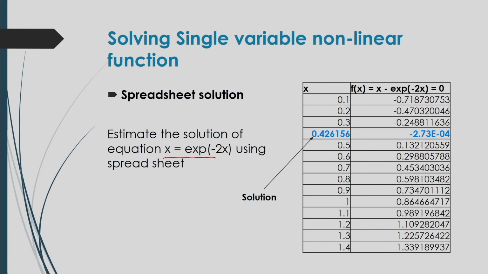Now, you have to solve this equation using a spreadsheet. You assume a value for the variable x, substitute it, and see what values come out on the left hand side and the right hand side.